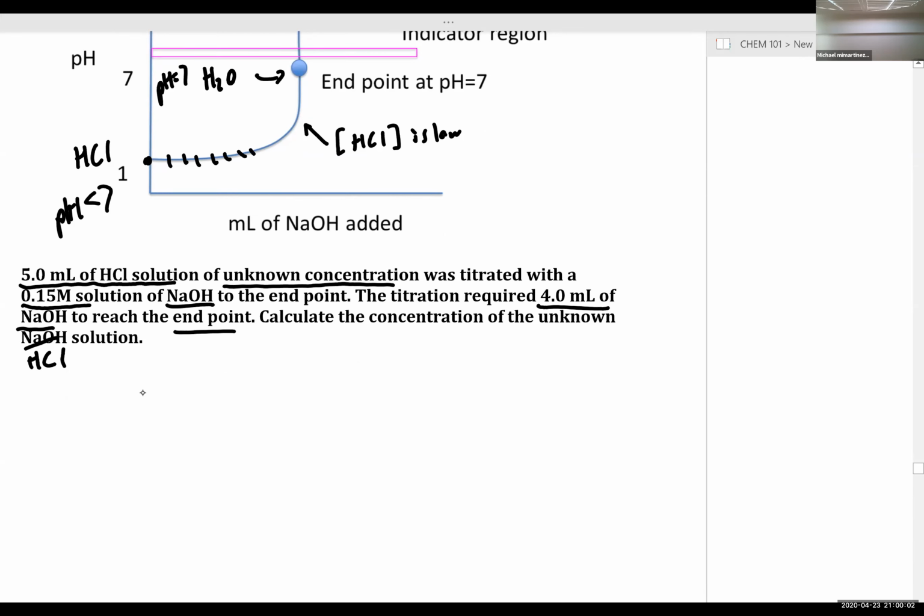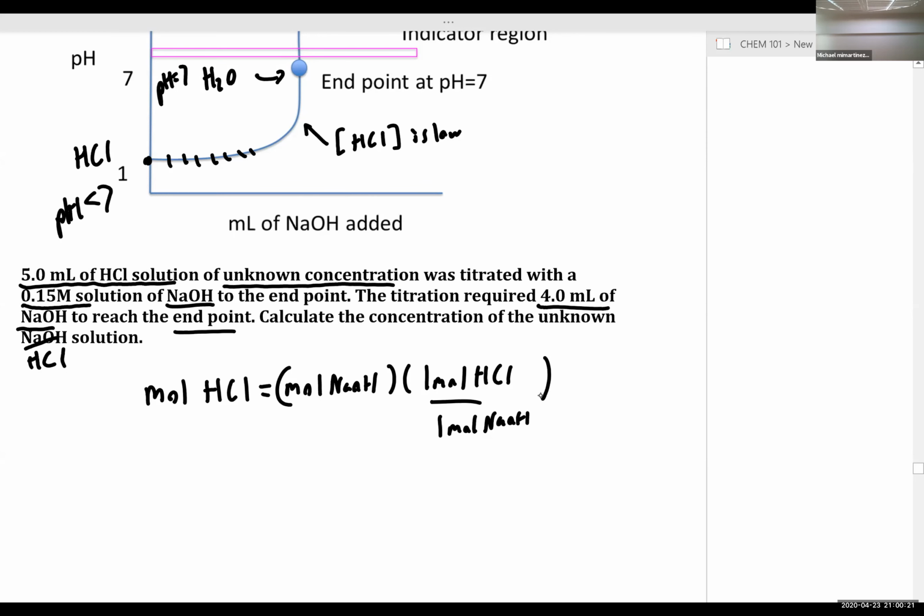So let's just start from our basic equation. At the equivalence point, the moles of hydrochloric acid would be equal to the moles of sodium hydroxide times 1 mole of hydrochloric acid per every 1 mole of sodium hydroxide.